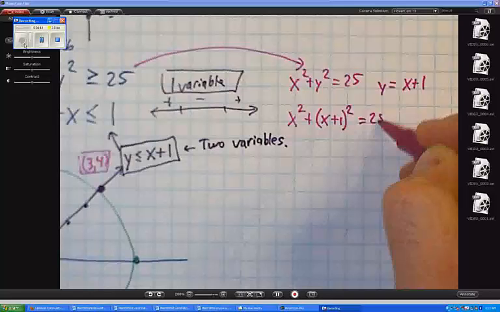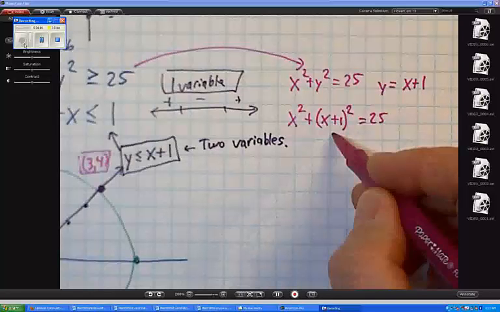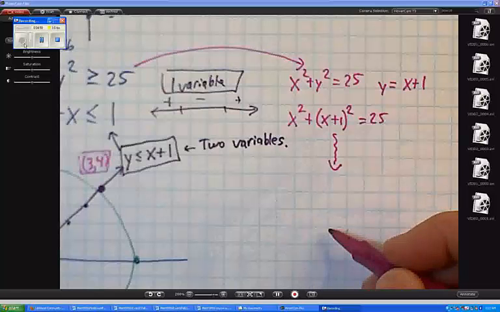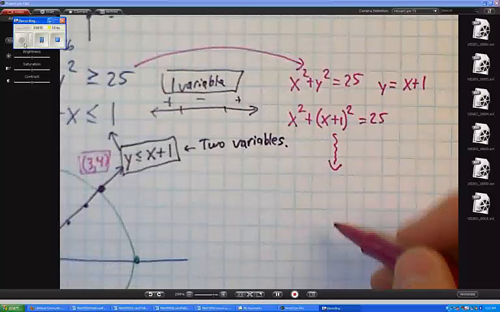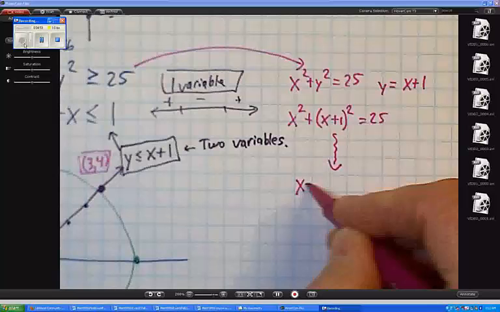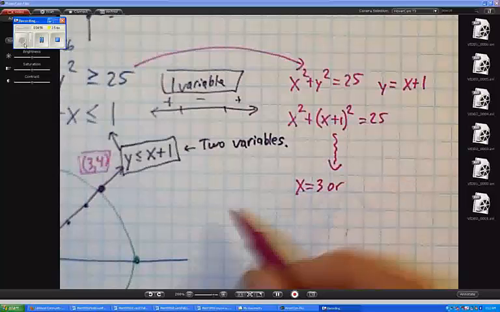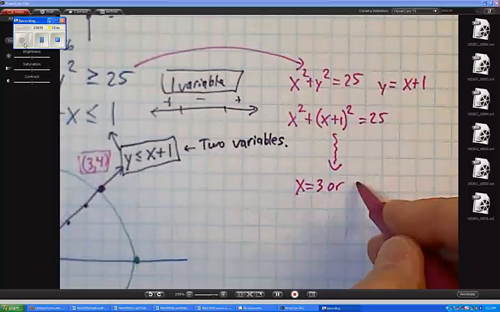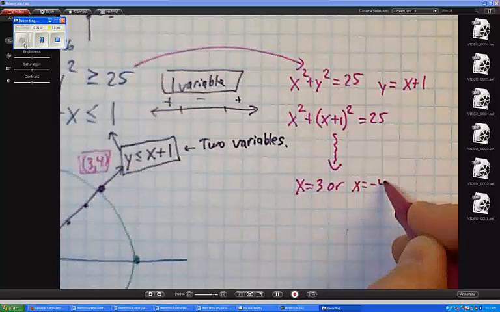Okay? Work it out. I'm not going to work it out right now. I'll just tell you, if you solve, how many solutions do I expect I'm going to get? 2. You're going to get x equals 3, which is this coordinate right here. That's the x coordinate. Or x equals negative 4.